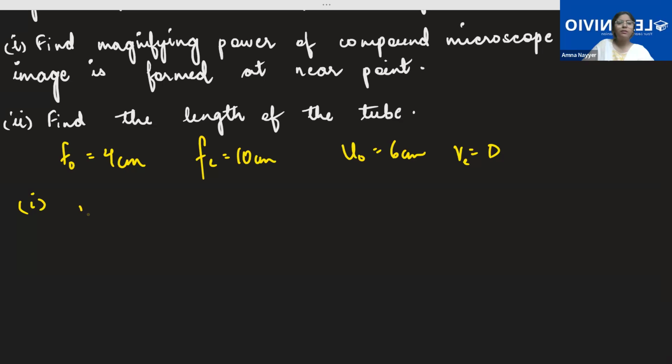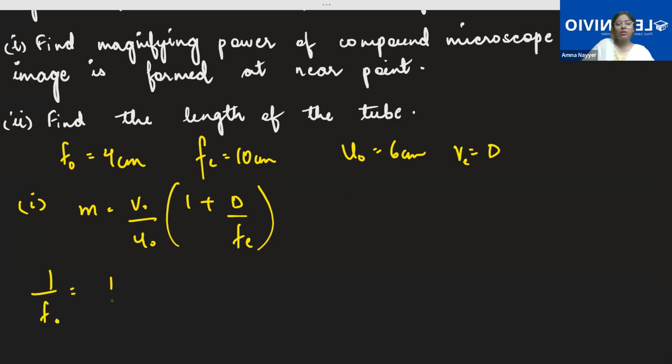Now we have to calculate the magnification: V naught by U naught times 1 plus D by FE. Same thing. First you'll have to calculate V naught, using the lens formula: 1 by F naught is equal to 1 by V naught minus 1 by U naught.